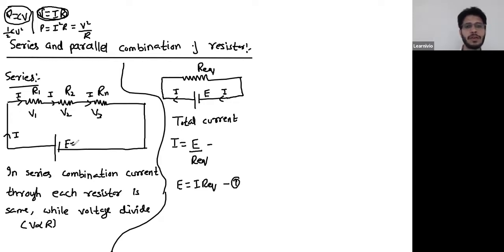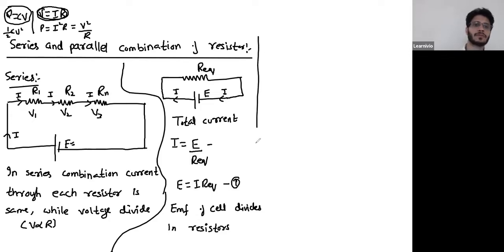Here, the total EMF of the cell divides into three parts. So you can say the EMF of the cell divides in resistors.